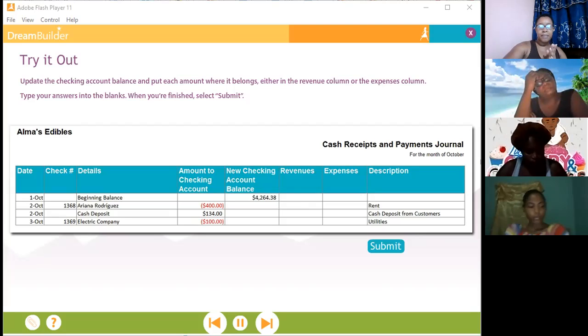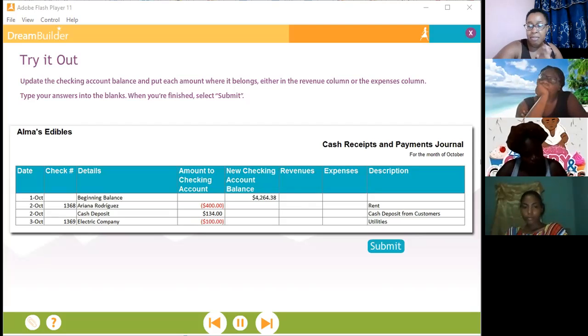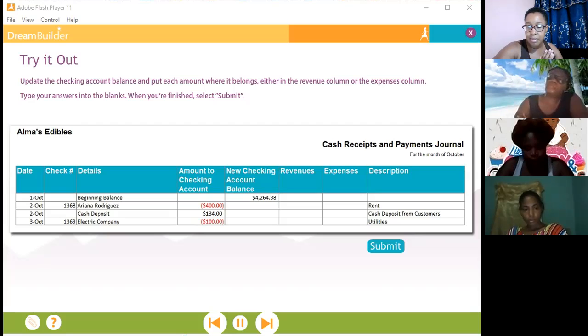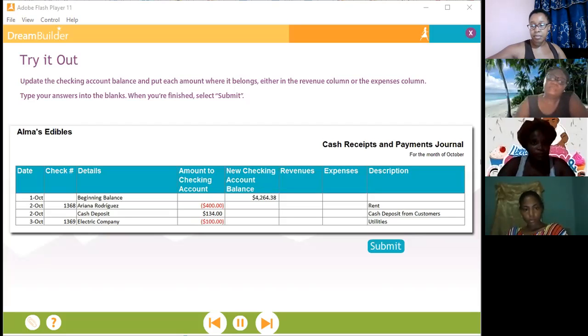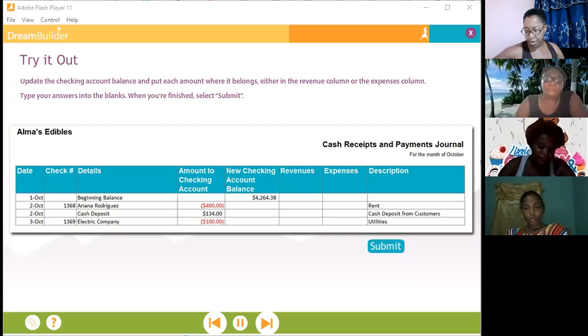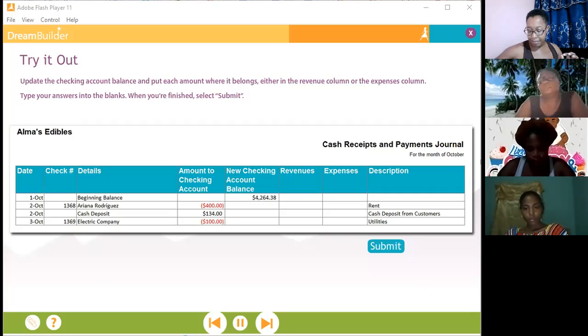Okay, so let's see. The beginning balance, can everybody see what the beginning balance is? Is it clear to everyone? Yes. It's clear.